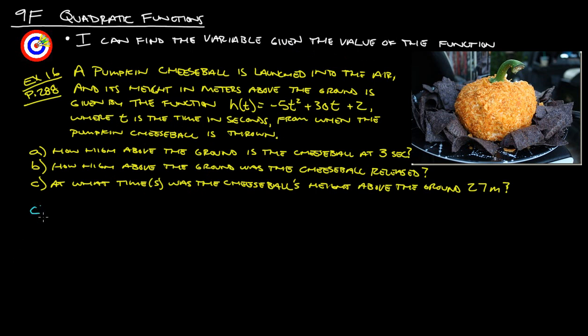Okay, so how high above the ground is the cheese ball at 3 seconds? All we need to do is plug 3 in for the t there. So the height at 3 seconds is going to be -5 times 3 squared plus 30 times 3 plus 2. 3 squared is 9 times -5 is -45, plus 90 plus 2.